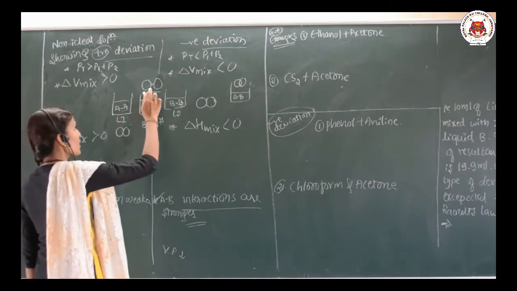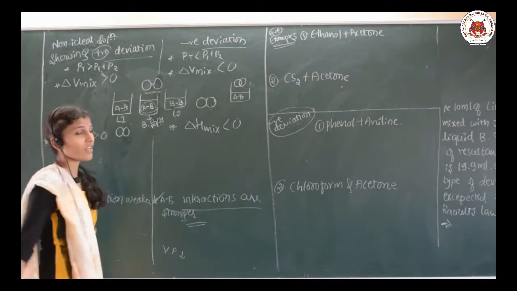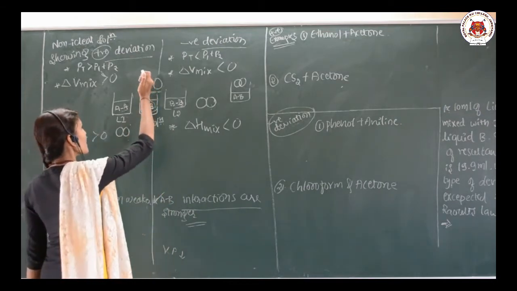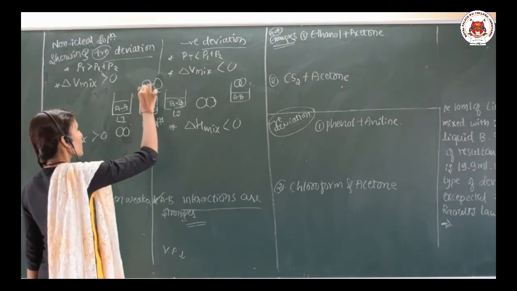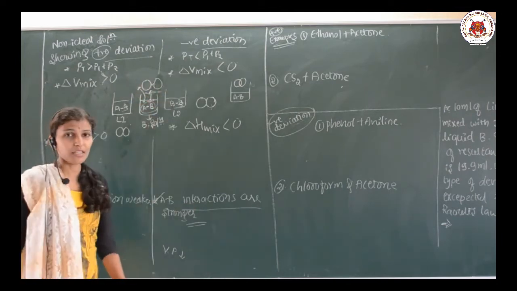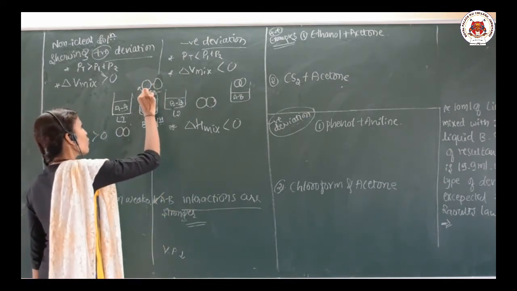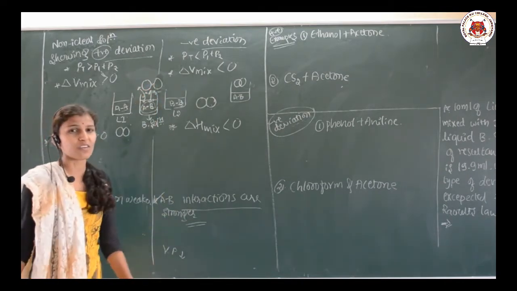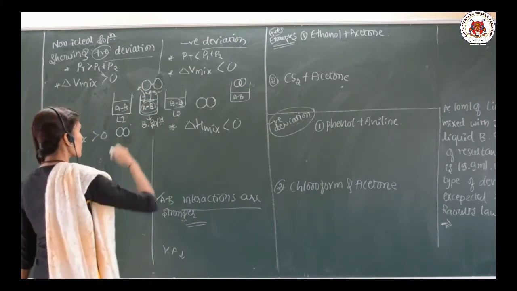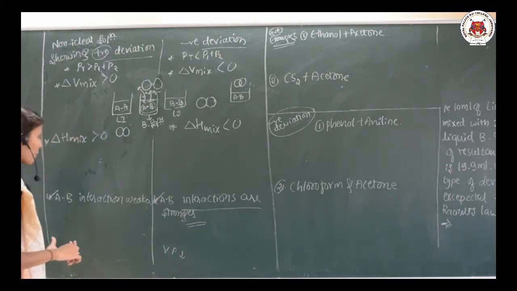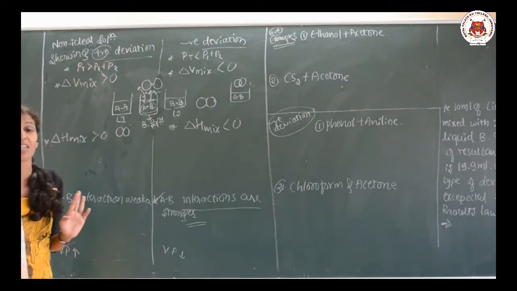As these AB interactions are weaker, the particles can escape very easily and form vapor. Those vapors will exert the vapor pressure. So, the vapor pressure in case of positive deviation is going to increase.